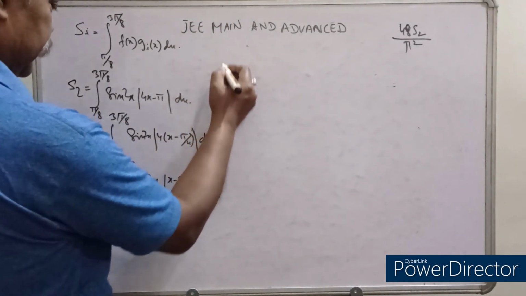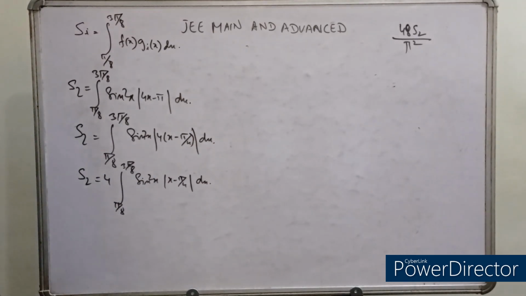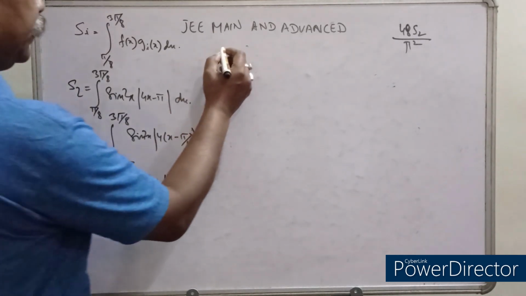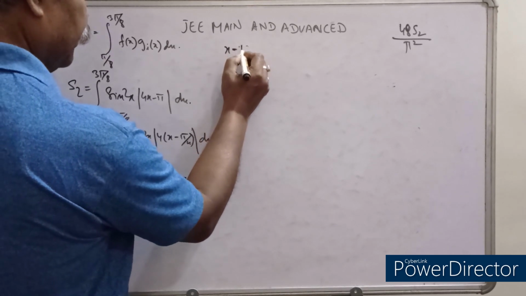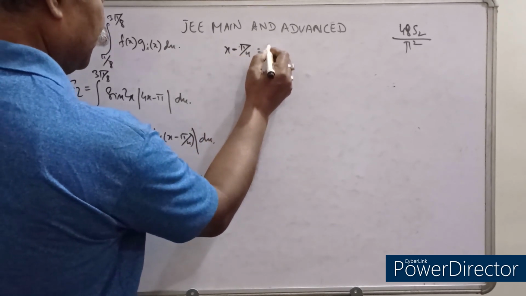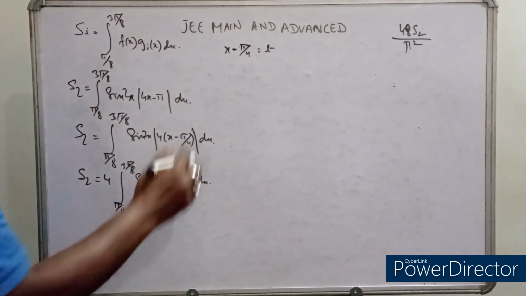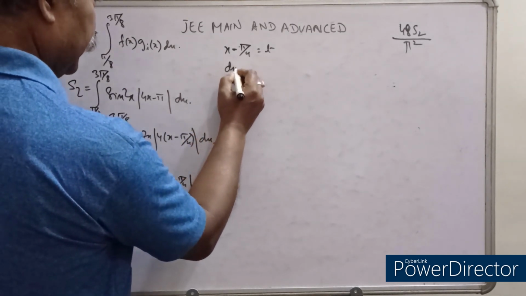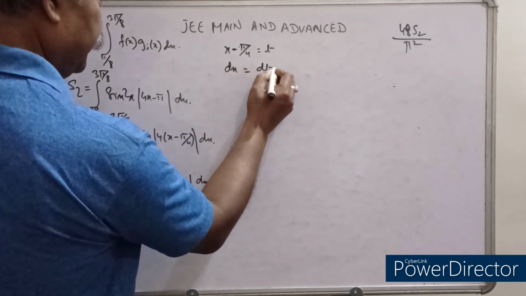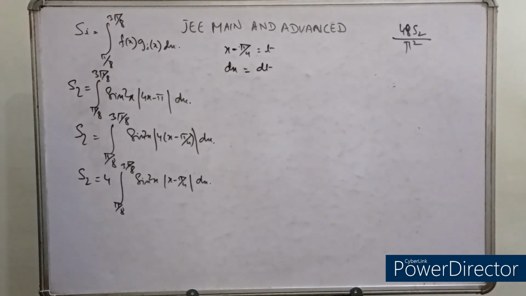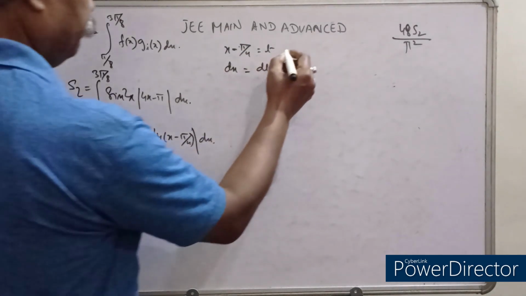What we are going to do is, let us take x minus pi by 4 is equal to t. When you differentiate it, dx is equal to dt. Constant is 0, dx is equal to dt. Now see one thing here, I am going to change the limit.